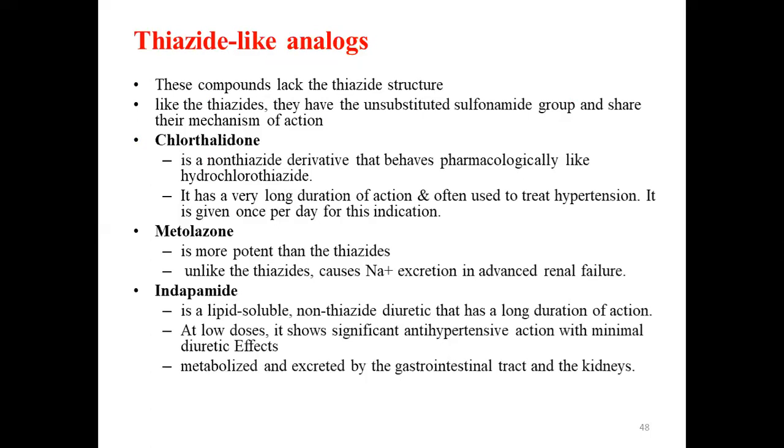From these, metolazone is the most potent type of diuretic, and 5 milligrams is sufficient. Even when someone has advanced renal failure, we can use metolazone, because even in advanced renal failure, it can effectively remove sodium and water from the body.